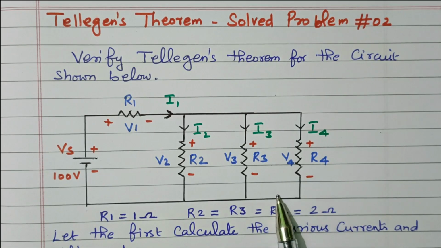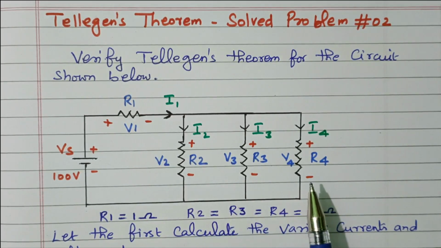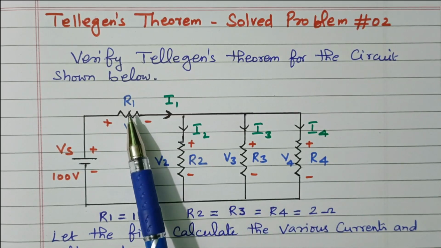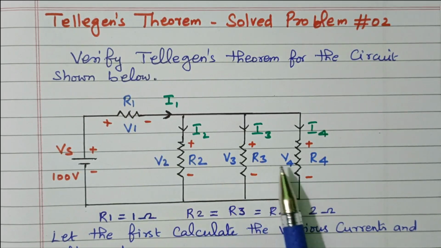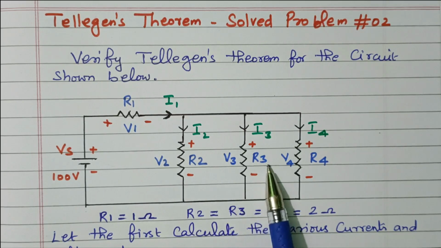In order to find the power, we need to identify the voltage across each and every resistor. There are 4 resistors available: R1, R2, R3, R4. The voltage across R1 is V1, R2 is V2, R3 is V3, R4 is V4.